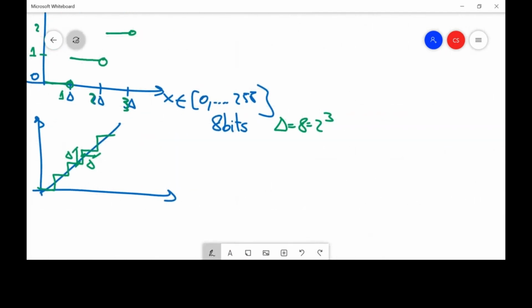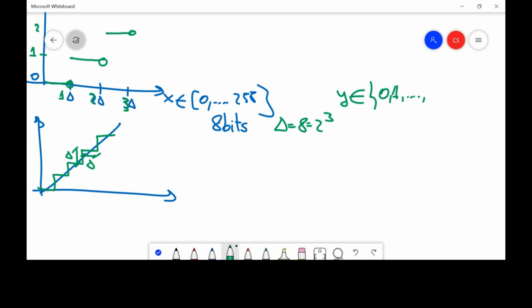So what is the possible range of y? Y has to go from 0 to, what is the maximum ratio you can have? 31.